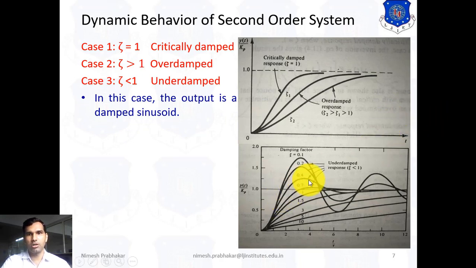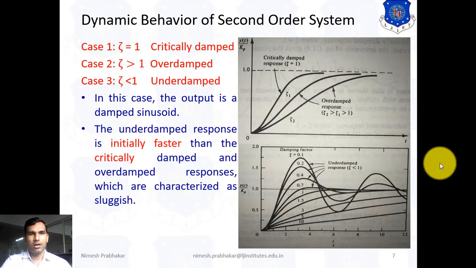The underdamped response is initially faster than the critically damped and overdamped responses, which are characterized as sluggish. Here we compare the underdamped response and the overdamped response.